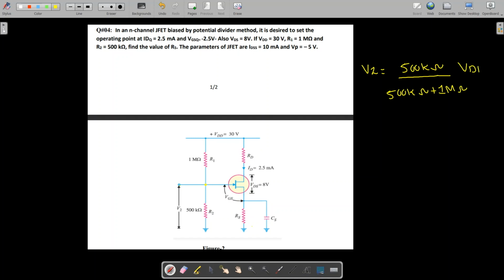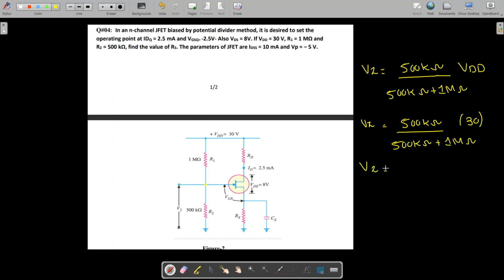Fine. This VDD is your 30 volt. So we are going to have V2 equal to 500 kilo ohm divided by 500 kilo ohm plus 1 mega ohm, and 1 mega ohm is 1000 kilo ohm. Remember this. Multiplied by 30.